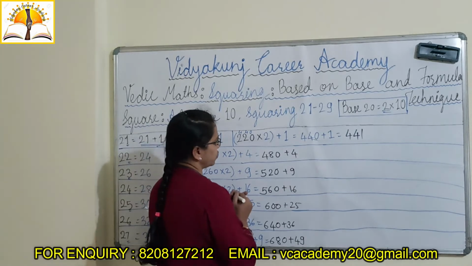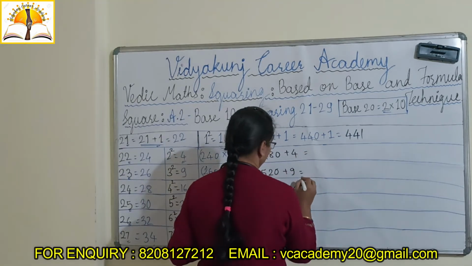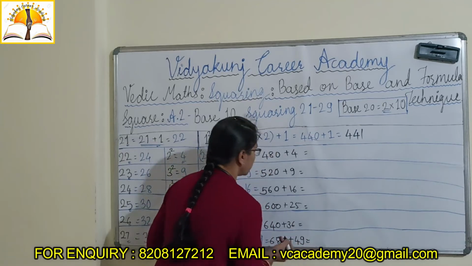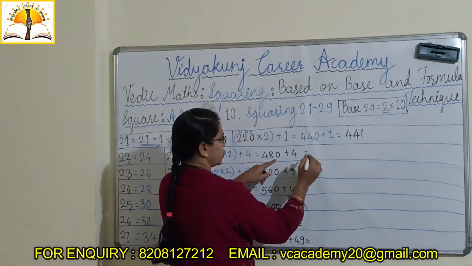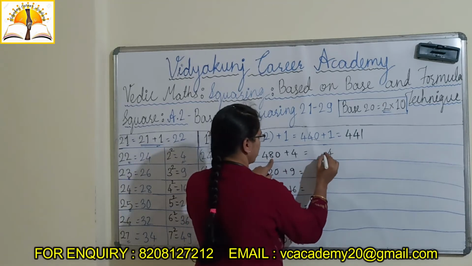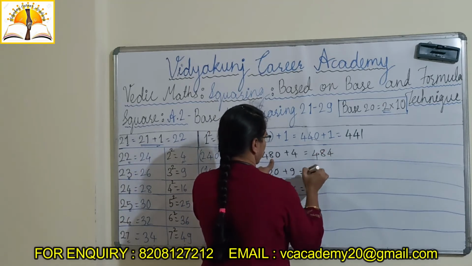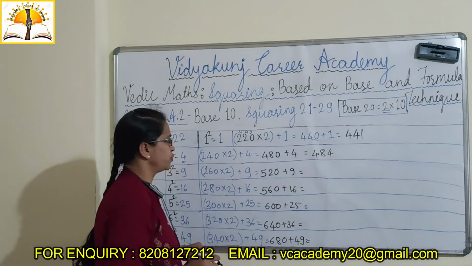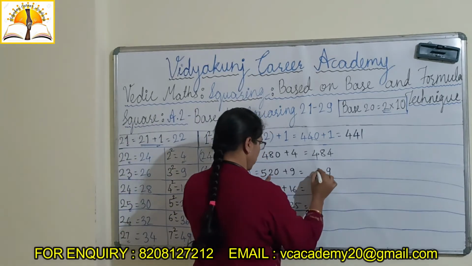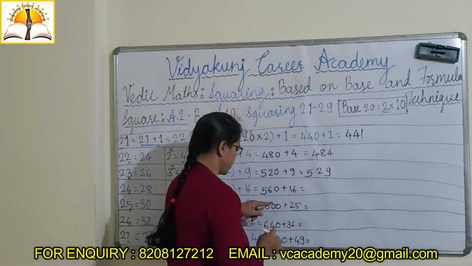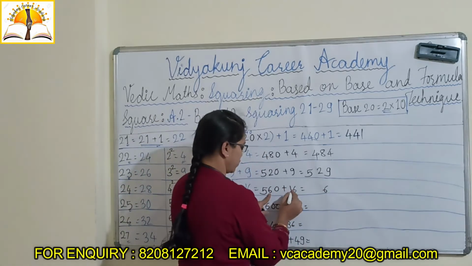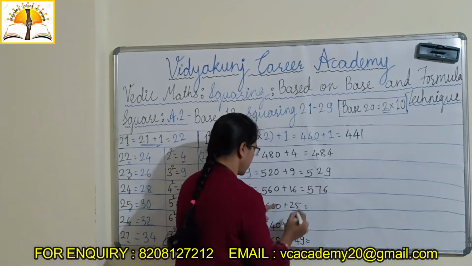Now we have to do here the actual square. We have to do here addition. Yes or no? 4 zeros, 4 plus 0, 4 only, and here 8, 4. This is the square of 22. Now here 9 as it is, into 5, it is its square. 6 plus 1, 7 and 5, this is its square.